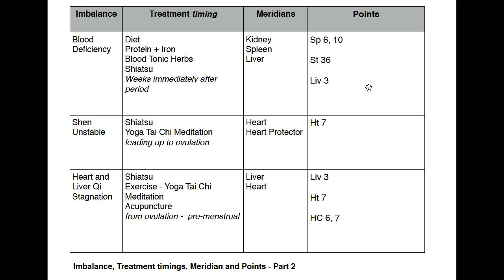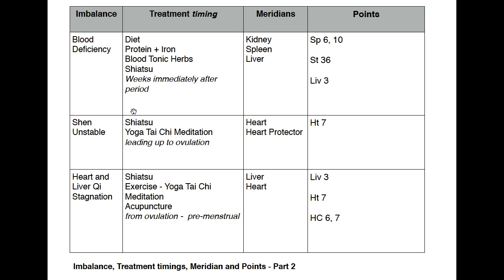Now in terms of yin and yang deficiency, in TCM, we're basically mainly talking about the yin meridians because they're related to the production of Qi and blood. And when we're working with Shiatsu, obviously we're going to be working with the yang pairs as well, but they're kind of helping out the yin organs.